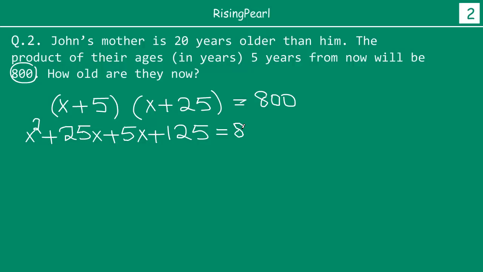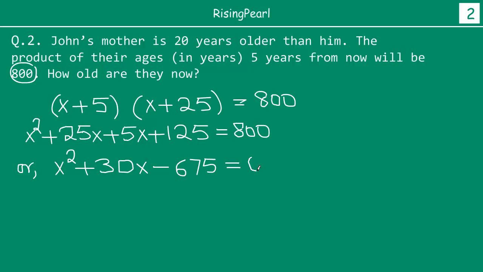This is equal to 800, or x squared plus 25 plus 5 is 30, x squared plus 30x minus 800 minus 125. So you will have 675. This equals 0. So we have x squared plus 30x minus 675 equal to 0.